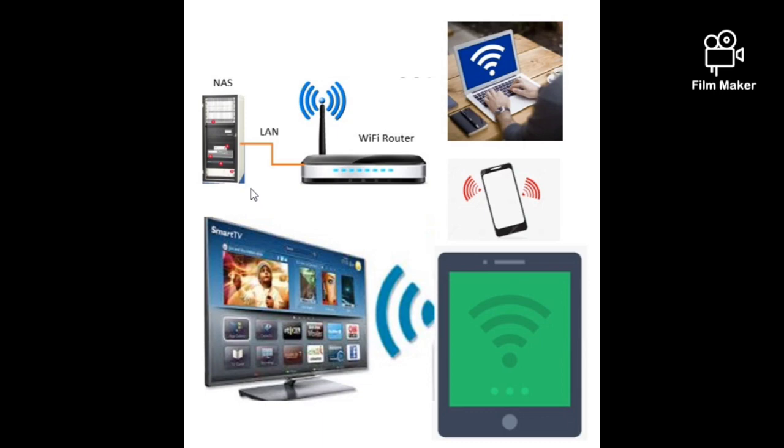This is a very cost effective way of building a network attached storage system, because we could get a ready-made NAS from online shops or electronic shops, but that is a proprietary one, and we will not be able to do any customization.